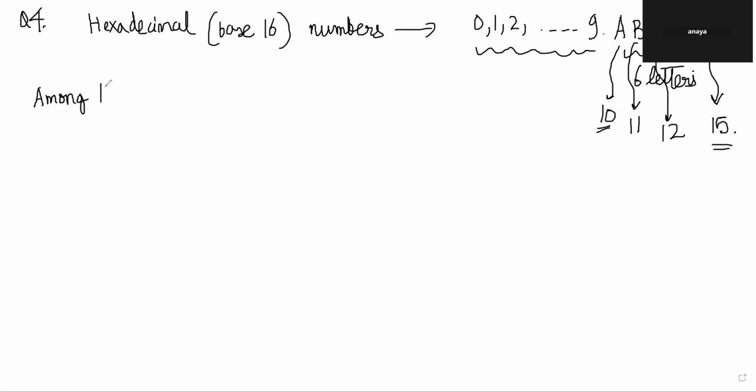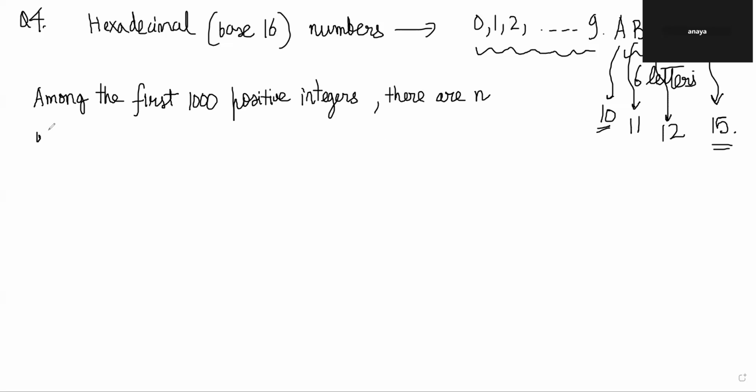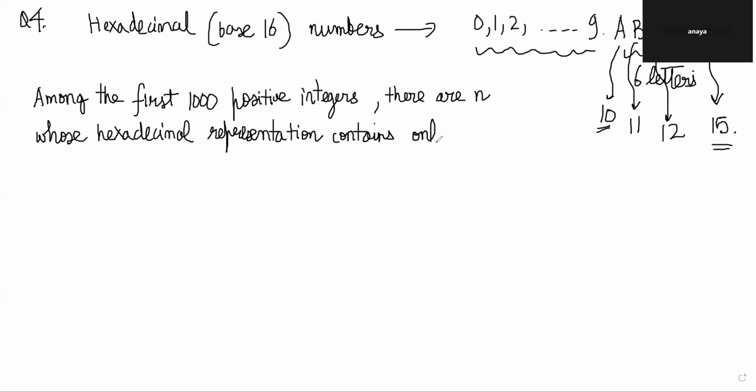Now, among the first 1,000 positive integers, there are n whose hexadecimal representation contains only numeric digits.